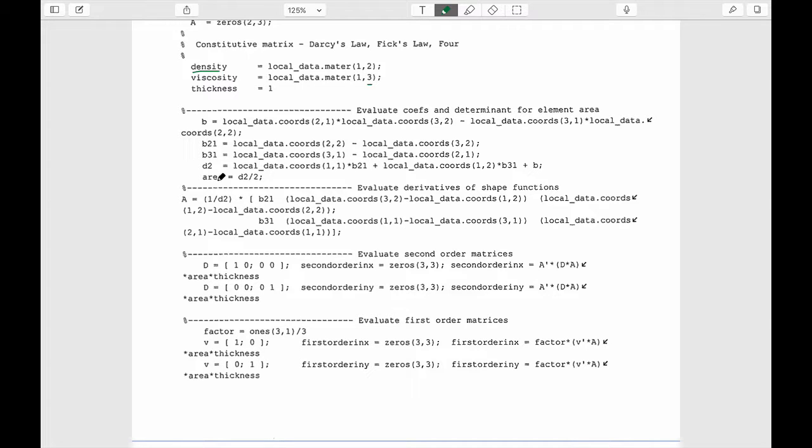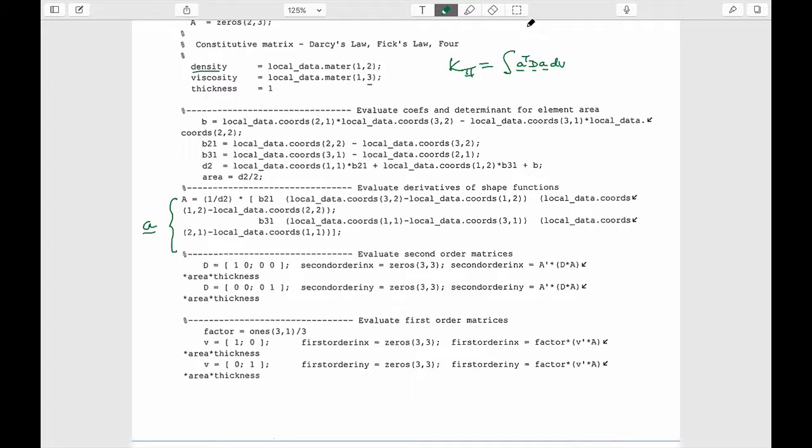But this is basically the coordinate transformations we need to get the A matrix. So this matrix here, for what it's worth, is what we've referred to as the A matrix. Remember, for K second order, it looks something like the integral of A transpose dA dV.